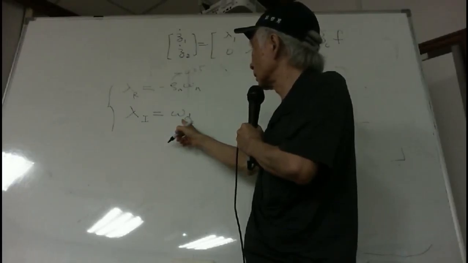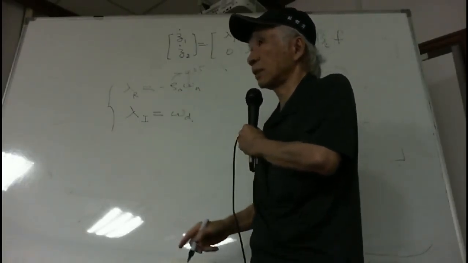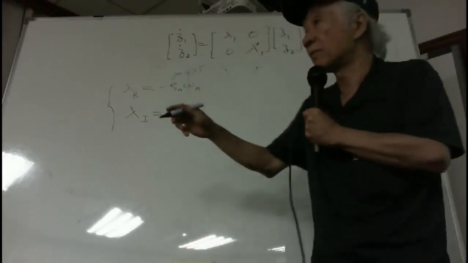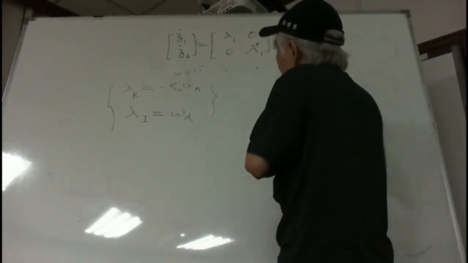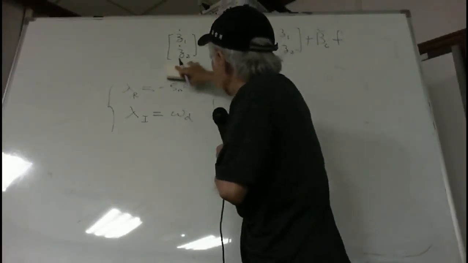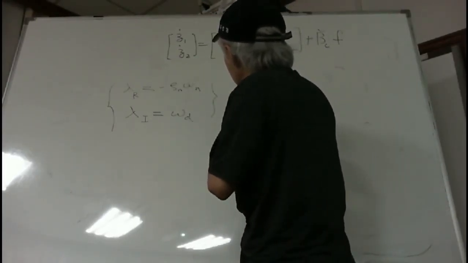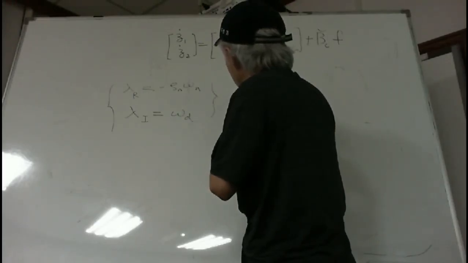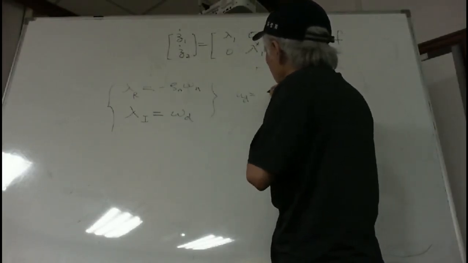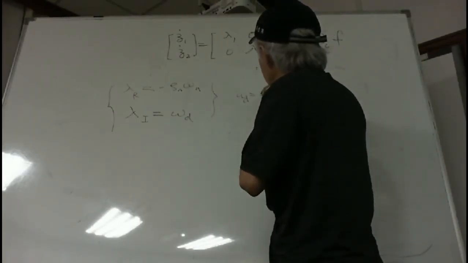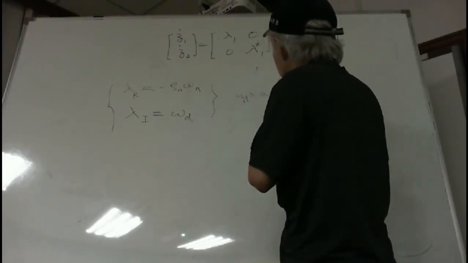Omega d is 9. Then the omega n and omega d relationship depends on delta n. So what is this one? We have omega d equal to omega n square root of 1 minus delta square, right?